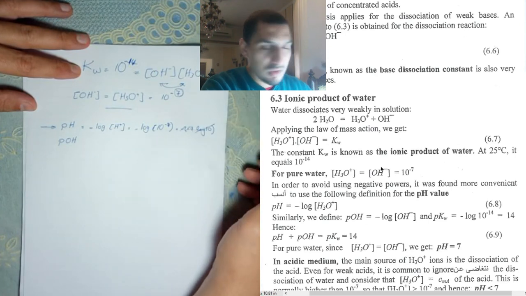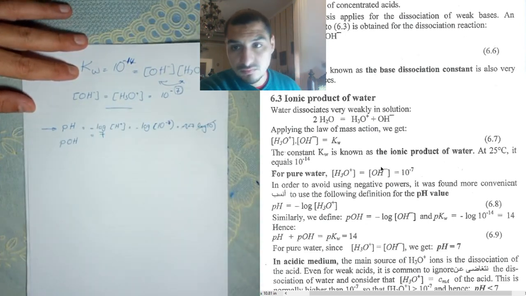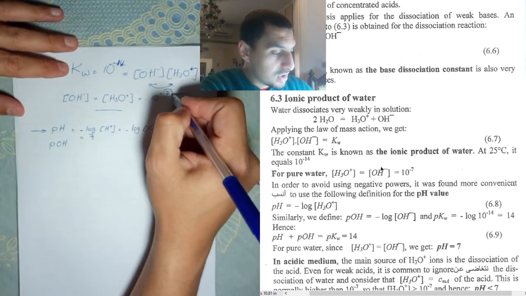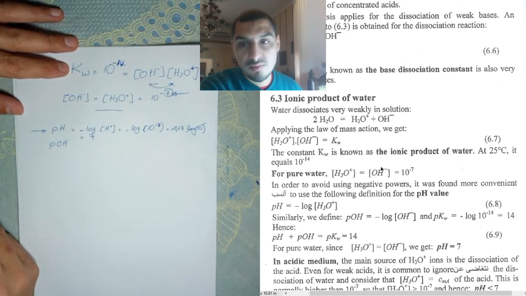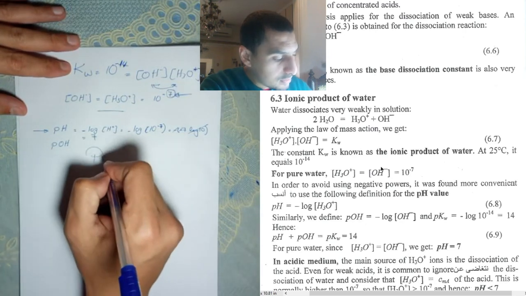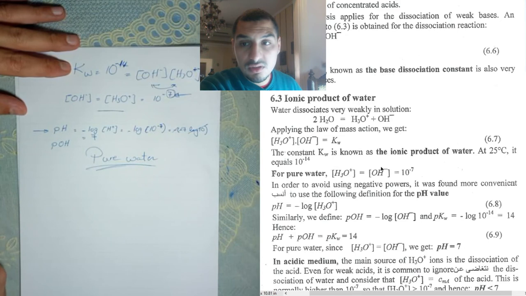This will cancel out, and then it's going to be 7. So what we did when we put the negative log is that we took only the negative of the power of the 10. This is for pure water. So pure water is totally neutral.